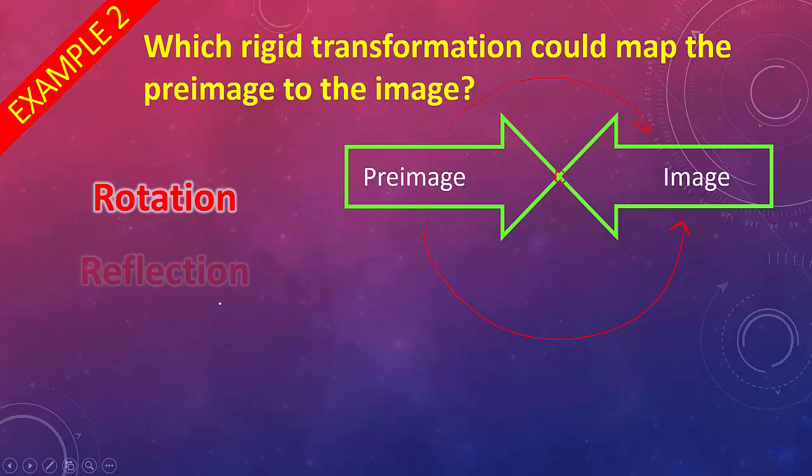But I could also say that it's been reflected. I could also say that it was reflected over this line. So either one of those work. If you want bonus points, go ahead and put them both, unless it asks you for all the possible transformations. This didn't, but if it asks you for all possible transformations, then you would have to put both.